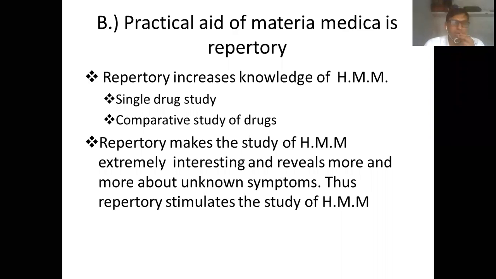Now, this point we have also seen under the advantages of repertory, that repertory is a practical aid of homeopathic materia medica. Now, how does it happen? Why does homeopathic materia medica require certain aids? We all know that homeopathic materia medica is a vast ocean of symptoms.